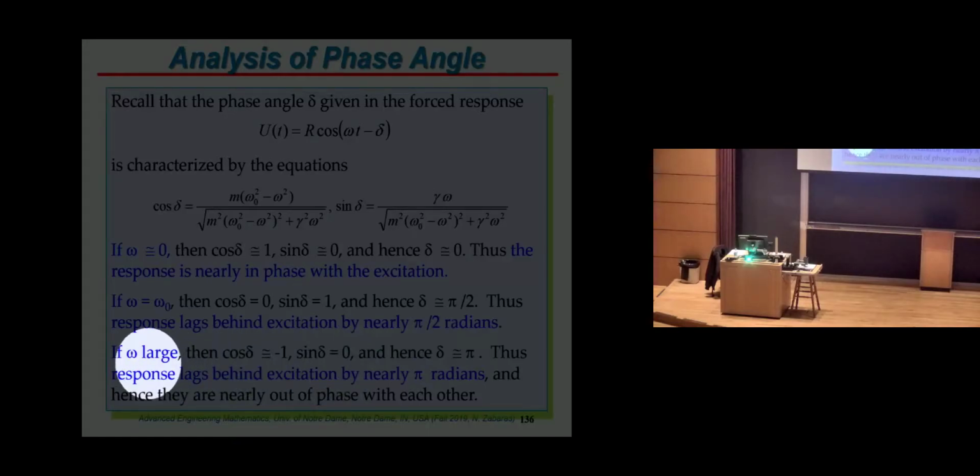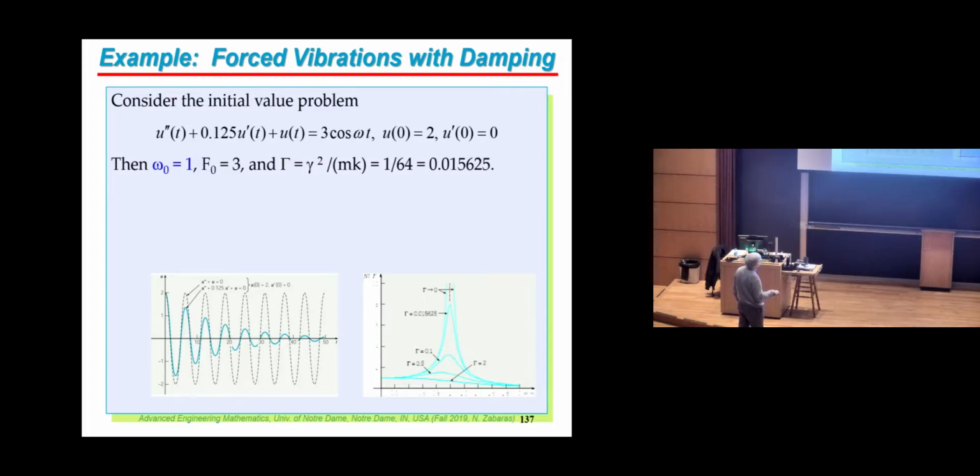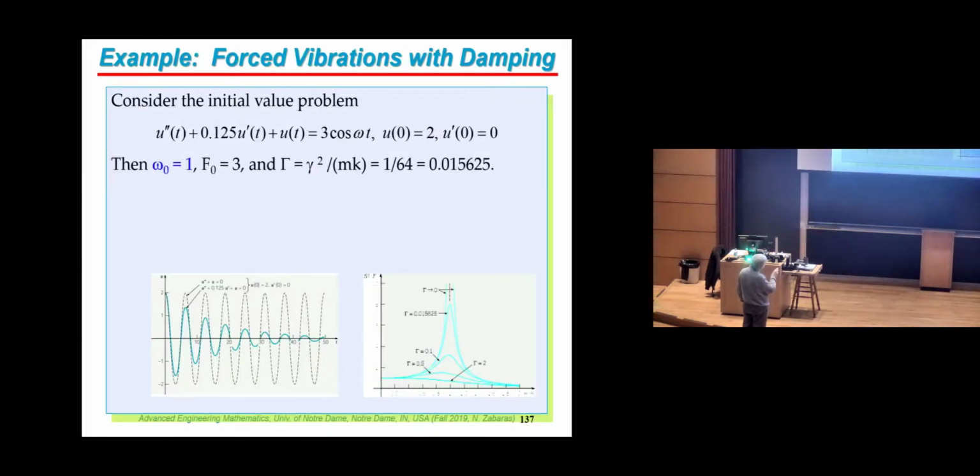And if omega is very large, you're behind the excitation by an angle of pi. OK? So you need to remember these three extreme cases when it comes to this phase lag. And there is an example for different values of the external frequency omega that discusses these three different extreme cases.